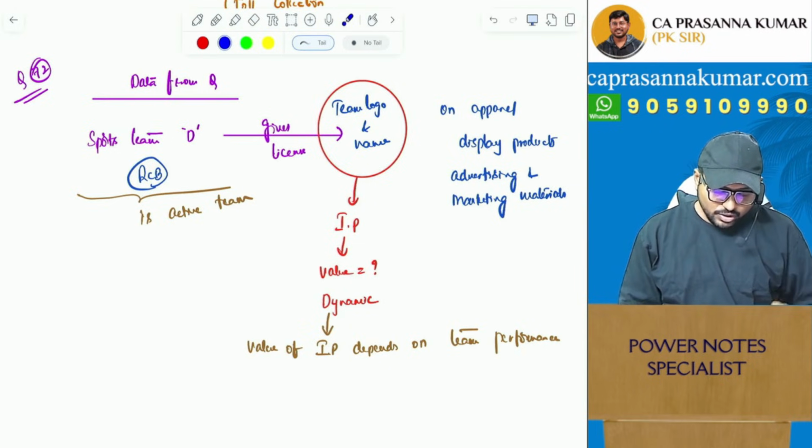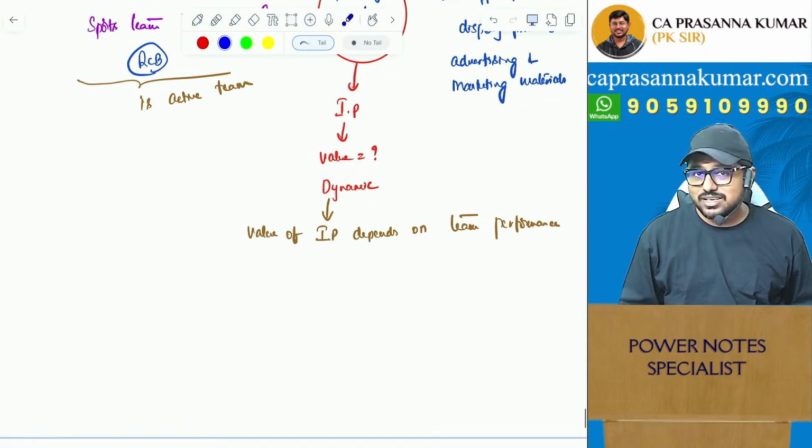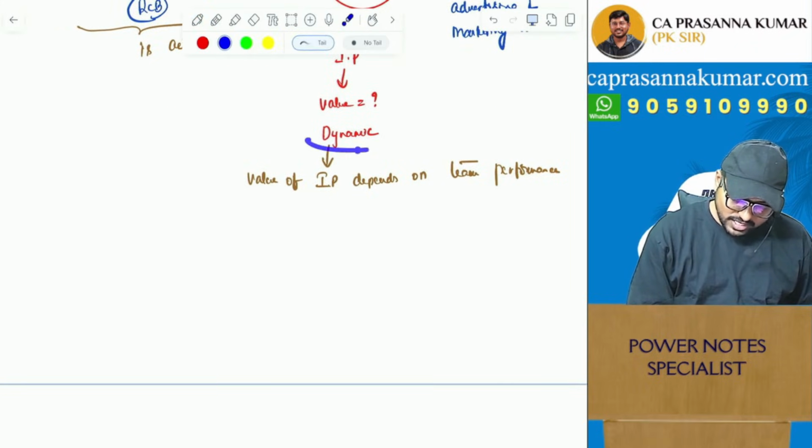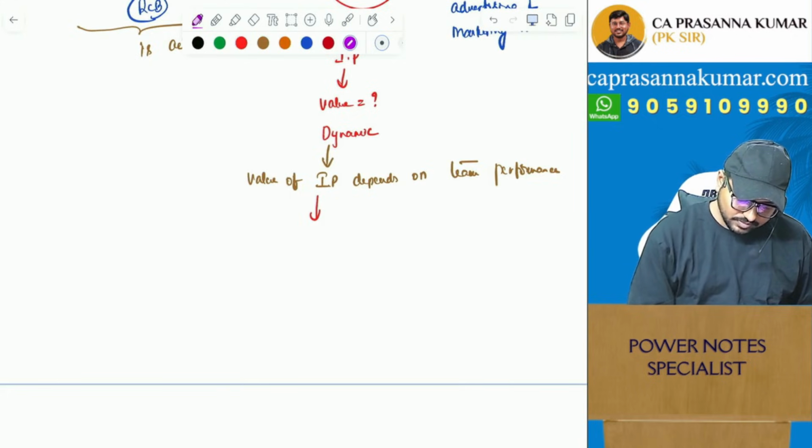Now tell me, so the more these guys are playing, the more it will increase, which means what kind of intellectual property have you got? Is it right to access or right to use? It is right to access. Why? Because here itself I gave you a clue, it is dynamic in nature. Therefore, the answer is right to access.